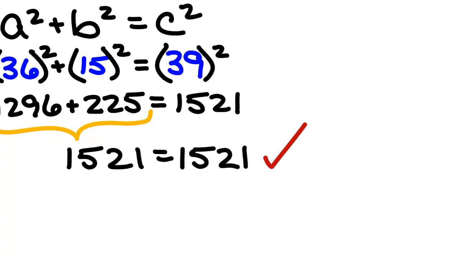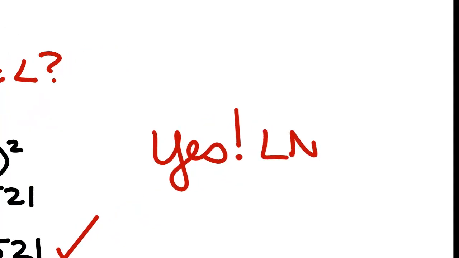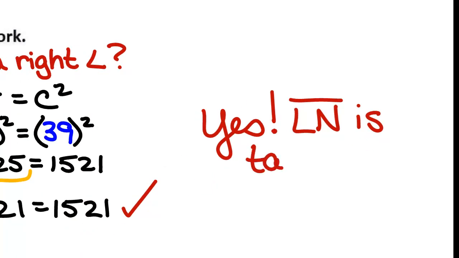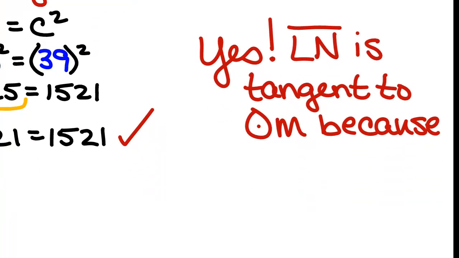So these came out to be the same. So yes, LN is tangent to circle M because LN is perpendicular to NM.